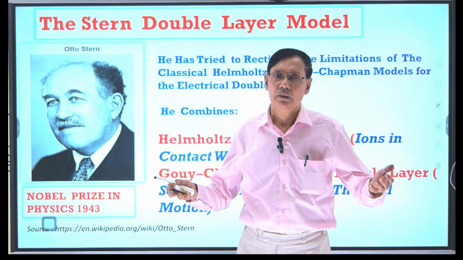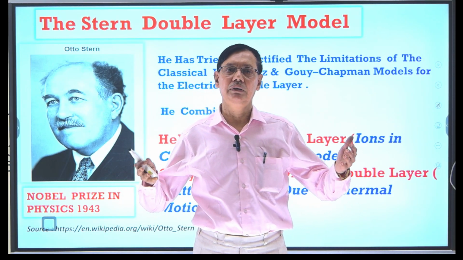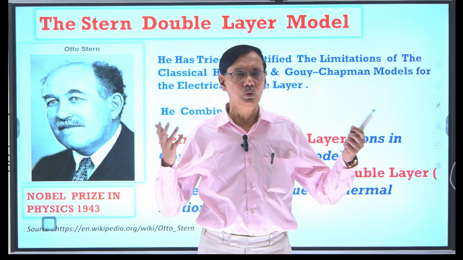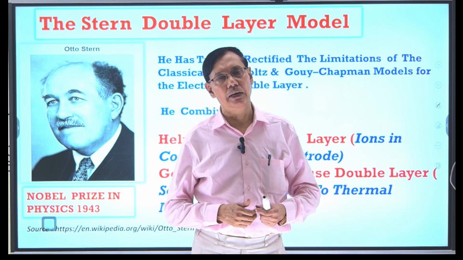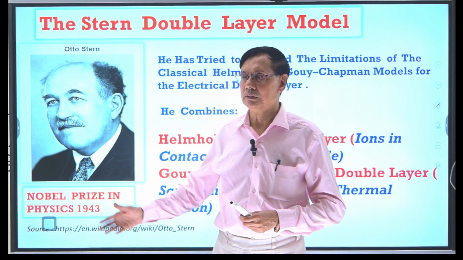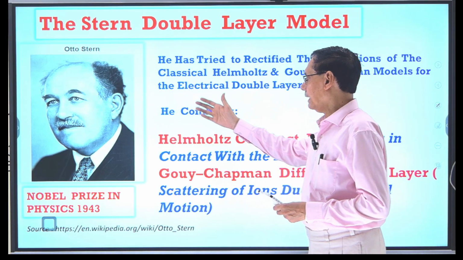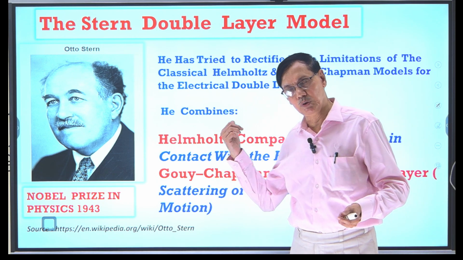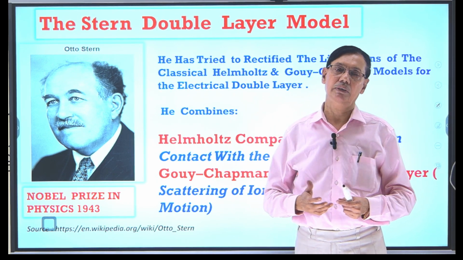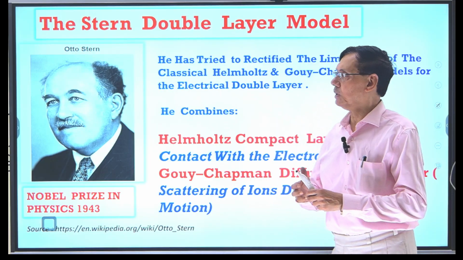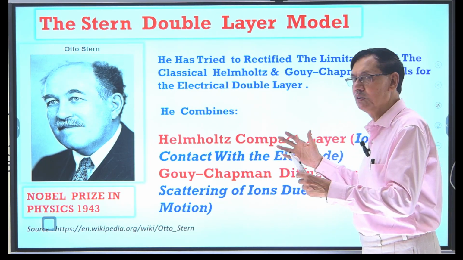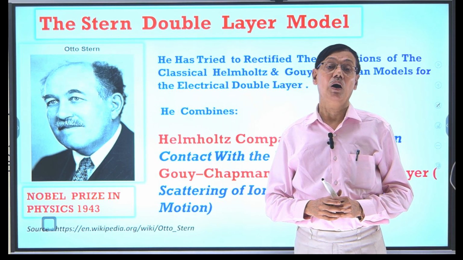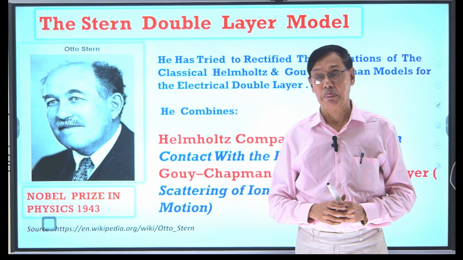If there is a question, write the demerits of the Gouy-Chapman layer and how Stern modified that theory. You can start with that: in 1924, he published a paper. I will show you that paper, of course, in the German language. So he actually rectified all the difficulties of the Gouy-Chapman layer.